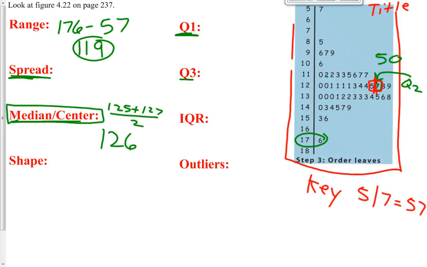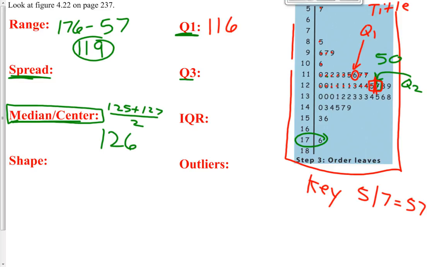So 1, 2, 3, 4, 5, 6, 7, 8, 9, 10, 11, 12. This right here is where Q1 is, because there are 12 data entries below it and 12 data entries above it. So 116 is our Q1.